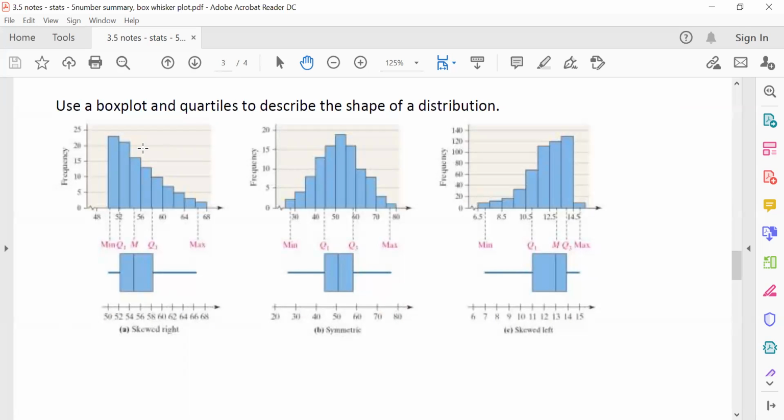If you had data that was extremely skewed right, like this, it's not symmetric about the middle. You have data that's way the heck over here. What that's going to do is push the median down a little bit to the left, and that's going to make the right-hand side whisker really, really large, because the maximum is pulling the data to the right.